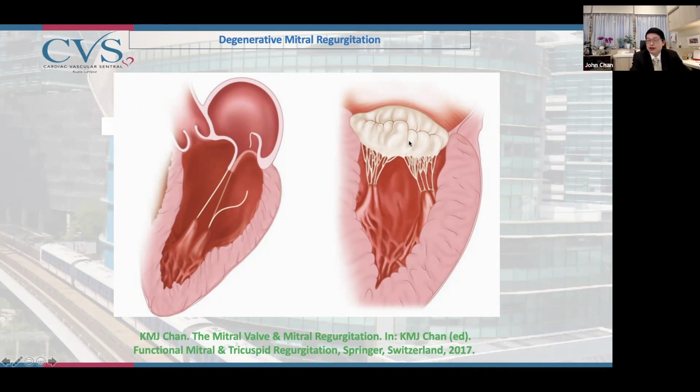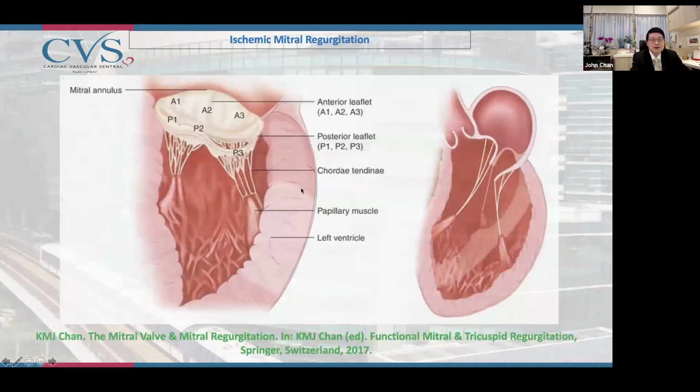Another condition which can happen is that there may be too much tissue. The door may be too big, so that when it closes, it doesn't close at the right place. So there are some gaps in between the two doors, and then blood leaks as a result. So this is mitral regurgitation. The mitral valve can also leak due to weaknesses in the heart muscle.